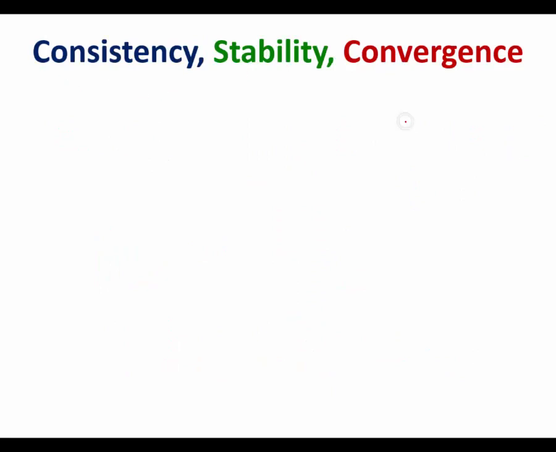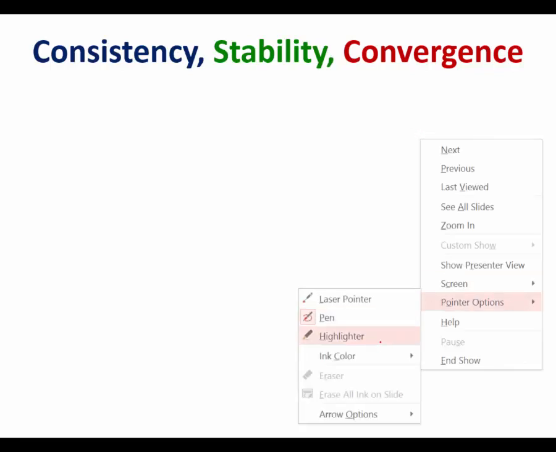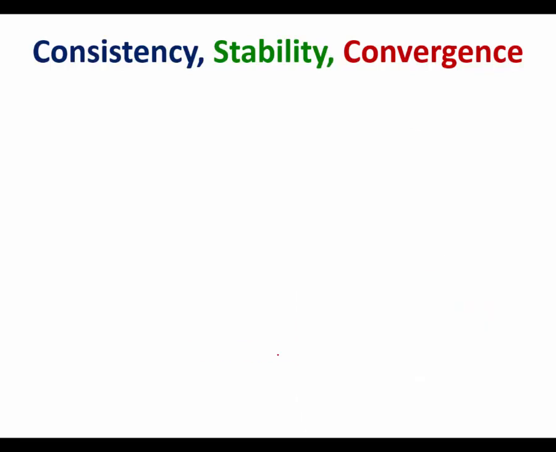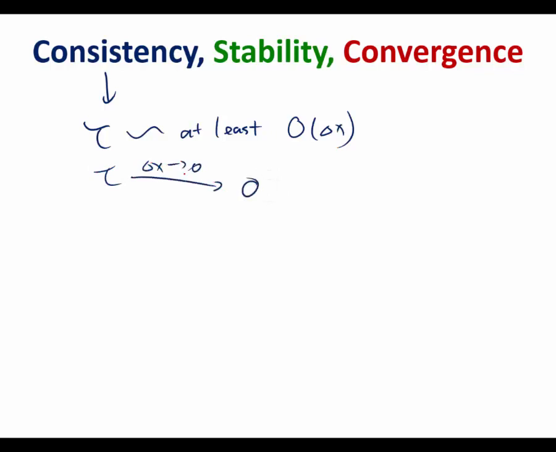Stability we have just defined, and consistency means the truncation error goes at least order of delta x. It means as delta x goes smaller and smaller, the truncation error goes smaller and smaller. So basically truncation error goes to 0 as delta x goes to 0.